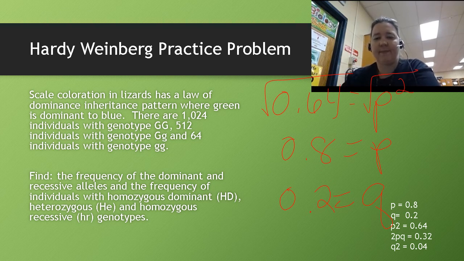Hey look, all my math was correct. Yay! To be honest, I don't have my answers in front of me, so I just worked that out with you. So Hardy-Weinberg is a way for us to empirically measure whether a gene pool is changing or not.